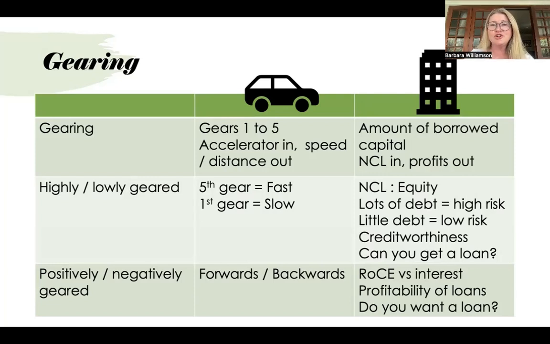And if your interest on loan is lower than your return, you are smiling, because it means you can borrow money from whoever you're borrowing from, put it in the business, generate a nice big fat return, pay off the interest, and you get to keep the rest. The rest is yours. So that's quite a nice situation to be in. And that's when we say the business is positively geared.